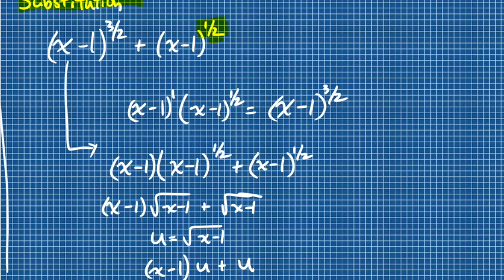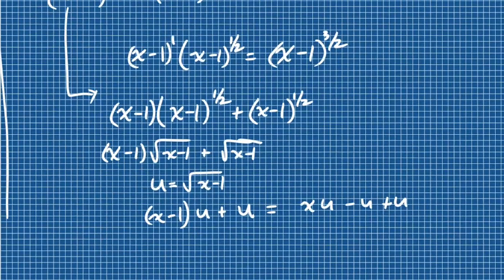And if I wanted to factor out, well, I could say this is xu minus u plus u. And that would mean xu, and I'd have to go back and substitute it in there. And so that would be x times the square root of x minus 1.